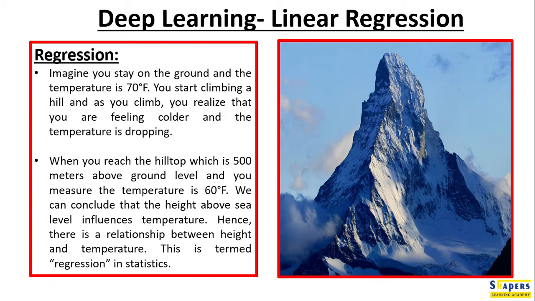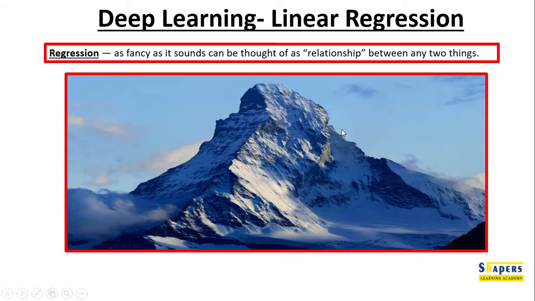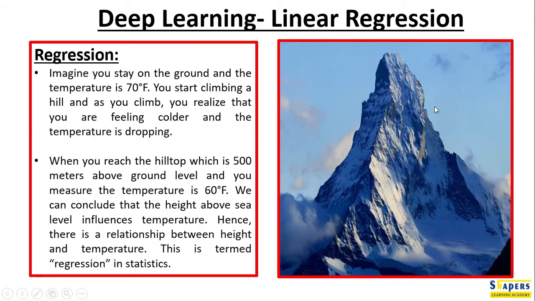Hence, there is a relationship between height and temperature. This is called regression in statistics. Coming back to the previous slide, it is a relationship between any two things. Here we are explaining the example with the help of this mountain and temperature.